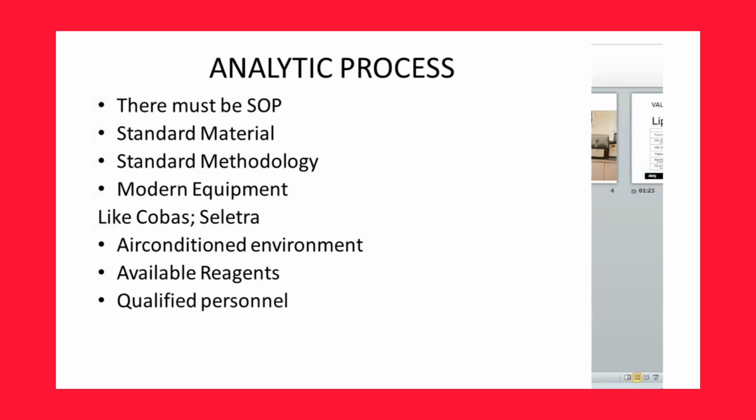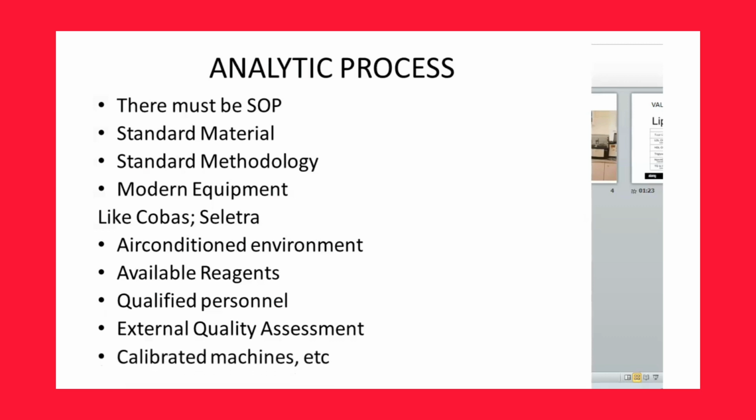Qualified personnel, medical laboratory scientists in the main, you are seeing them, and then the laboratory must be assessed from outside. They must be enrolled for outside samples, which they use to check how effective their results are. Calibrated machine, yes, you calibrate your machine so that whatever it is delivering is what it is meant to deliver.